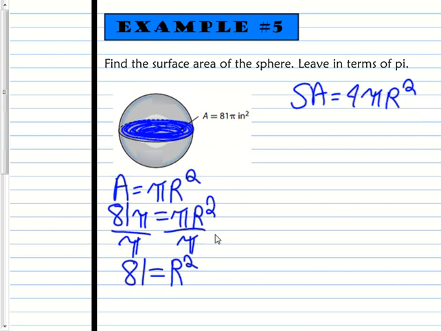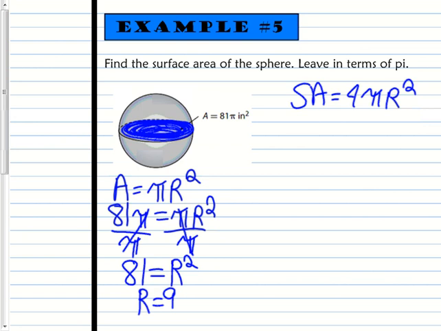Okay? So again, we're looking for the area of this circle. They gave it to us, so we can use that area to find the radius. Okay? Area equals pi r squared. We plugged in 81 pi for the area. We divided by pi to get those pi's gone. So what is the square root of 81? What squared gives you 81? Well, the radius is 9.